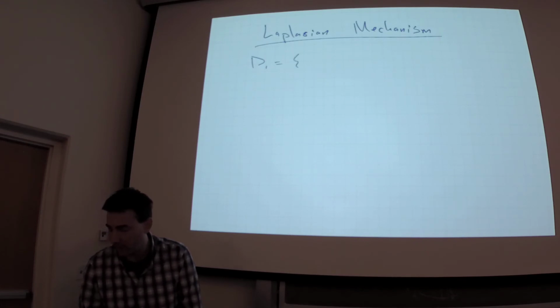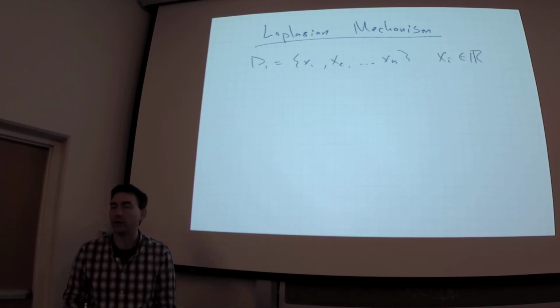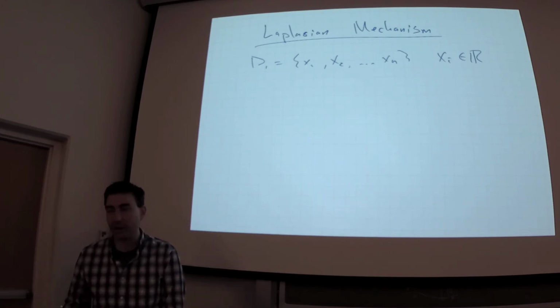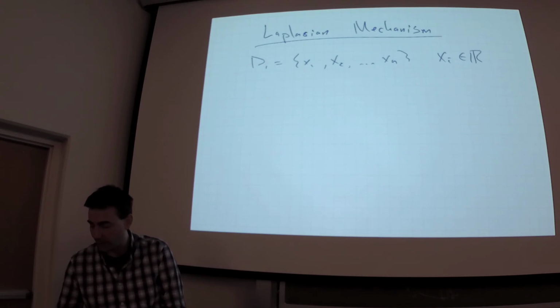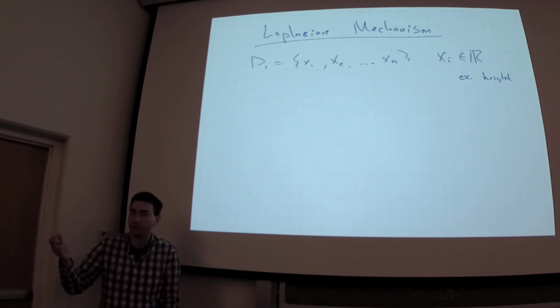This makes sense if data set 1 is going to be these values x1 up to xn, and each x is a real value. An example would be someone's height.